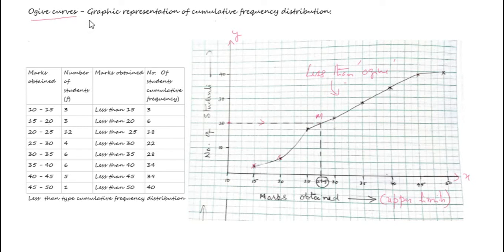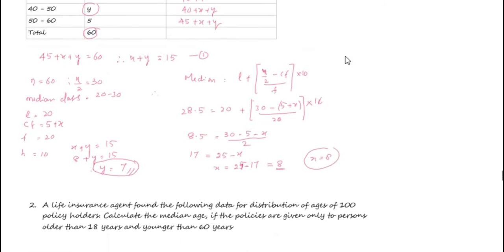Ogive curves, graphical representation of cumulative frequency distribution. We have used cumulative frequency distribution data to calculate the median. Here we will use that data and plot the graph, and from that we will arrive at median without using formula. In this module, earlier I have used a set of data.